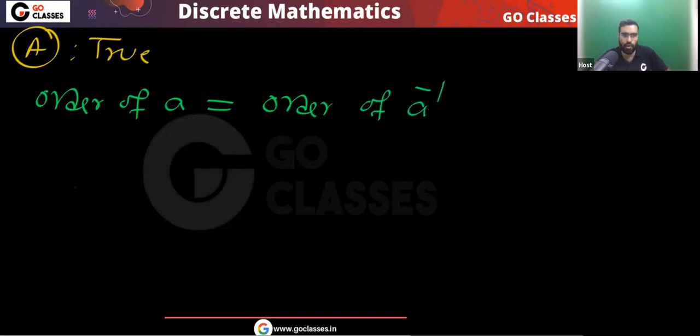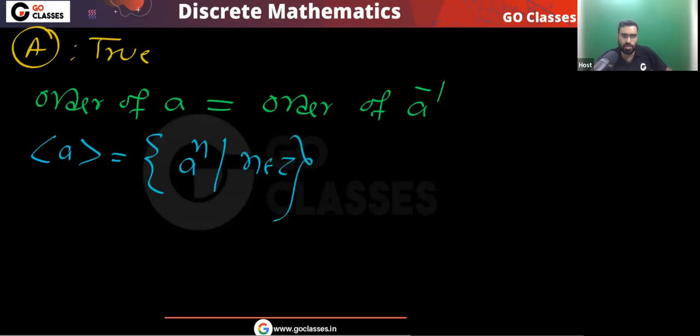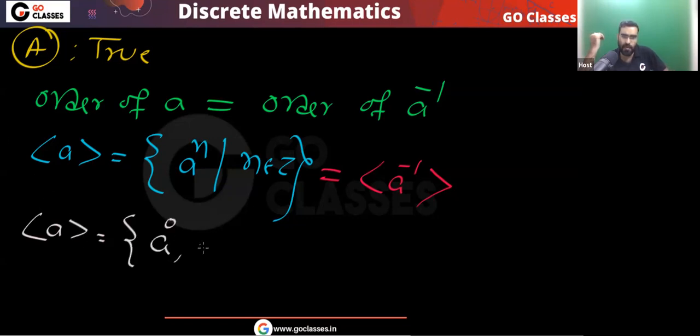The reason I told you is that the subgroup generated by A is also A power integers, and that is the same as the subgroup generated by A inverse. So A and A inverse generate the same subgroup. Agree? The subgroup generated by A means A power 0, A power plus minus 1, A power plus minus 2, and so on.